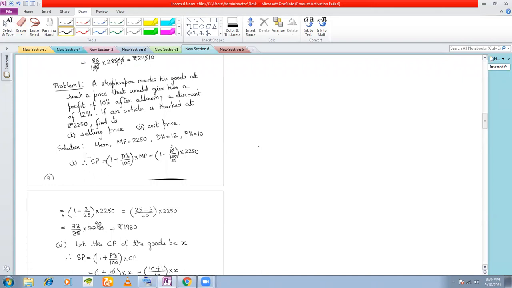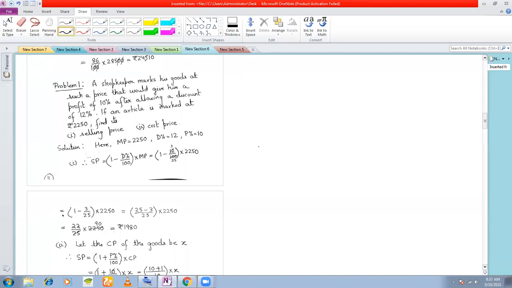So the price tag that he gives is such that would give him 10% profit overall after allowing a discount of 12%. That means after allowing 12% discount on the mark price, he can still make a profit of 10%.